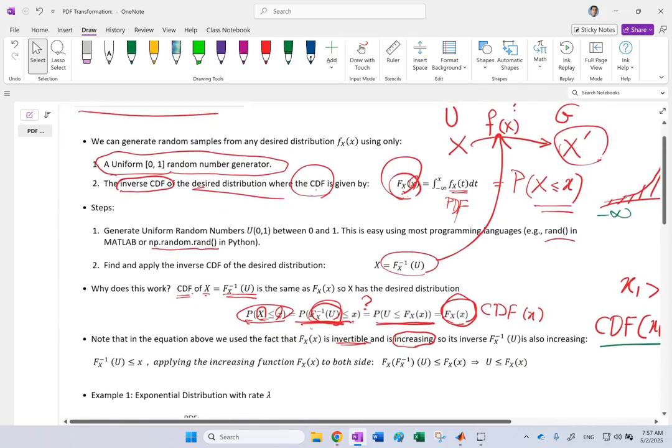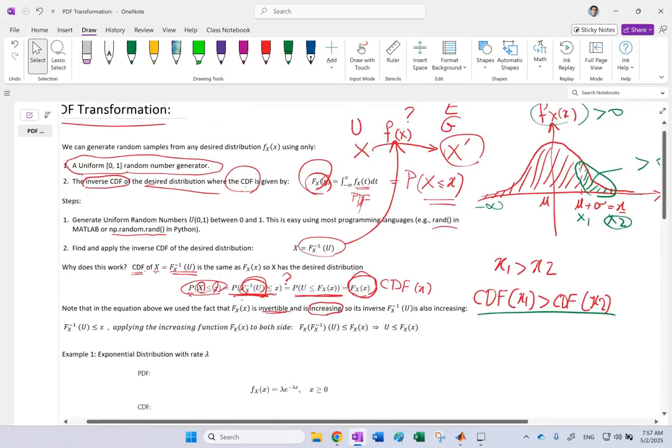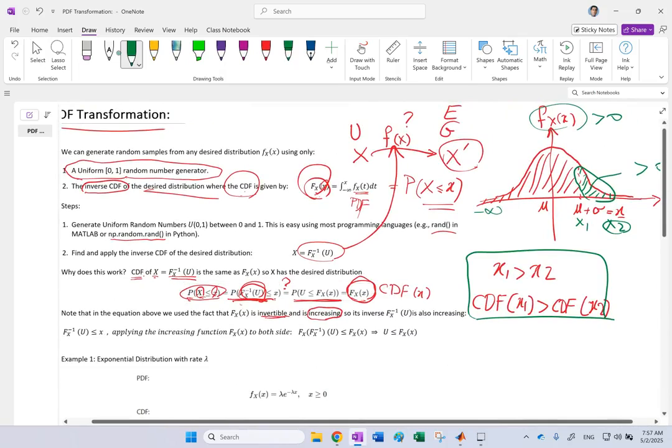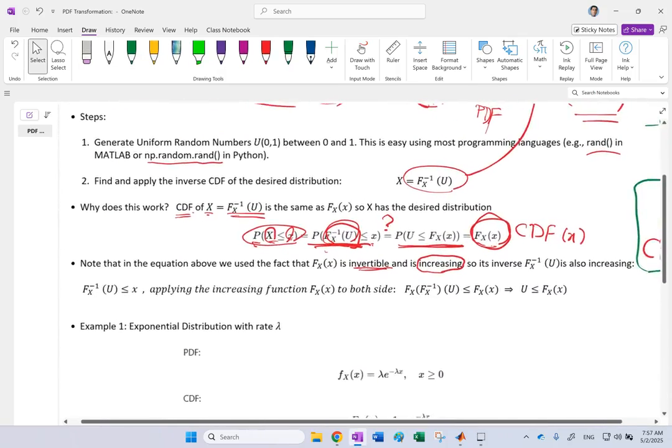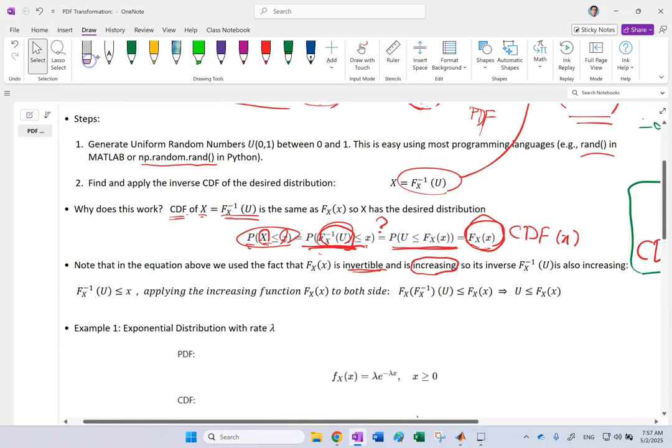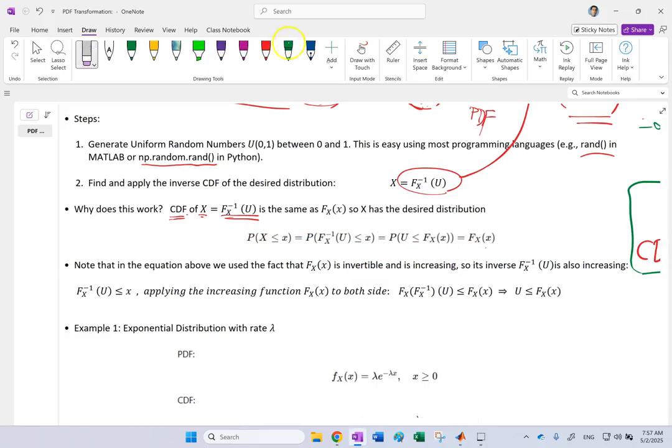Because of that, how can I use this property that I just explained? Well, let's see. Remember what we need to prove. We need to prove this guy. So here we start with this. This is similar to saying x1 is less than x2. Something is less than something else.